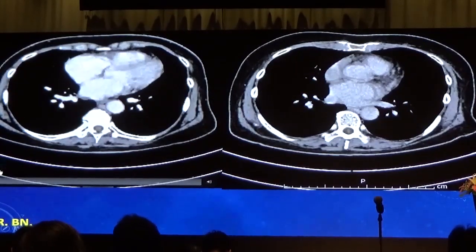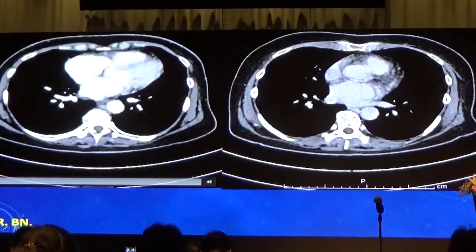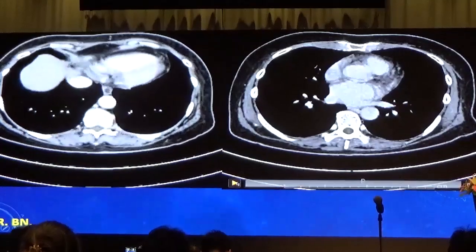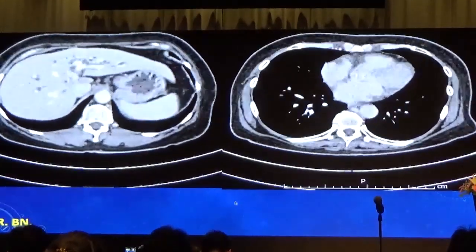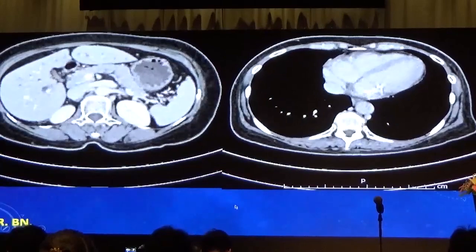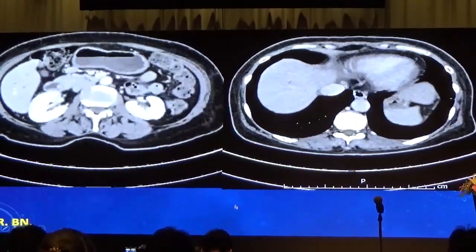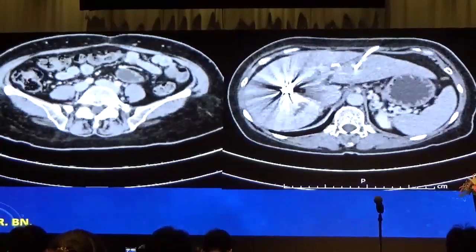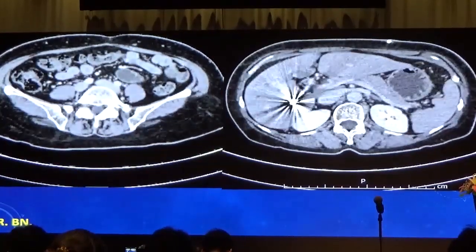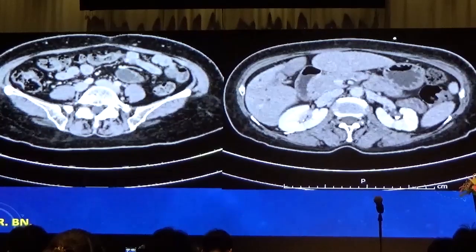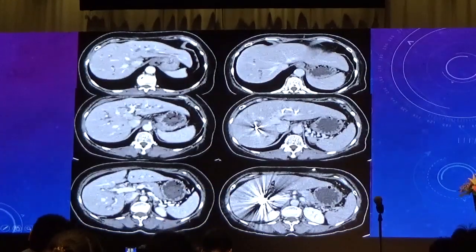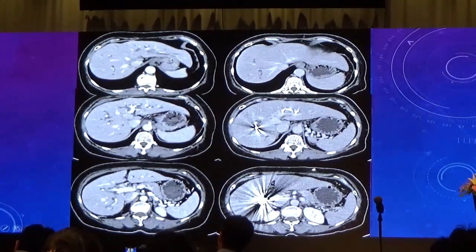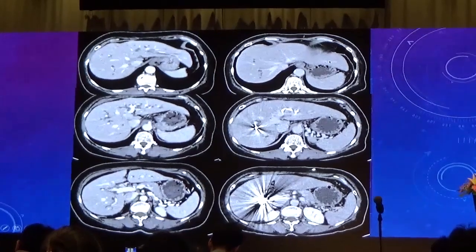And then this CT scan after right PVE, compared to before. Yes, and a little bit of enlargement of the lateral segment.